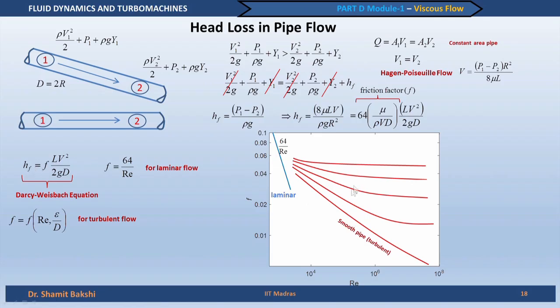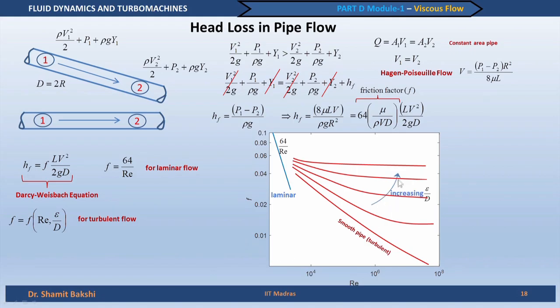In between, the exponent of v will be between 1 and 2. So, this is basically a comprehensive representation of friction factor with respect to Reynolds number to estimate the head loss in the case of a pipe flow.